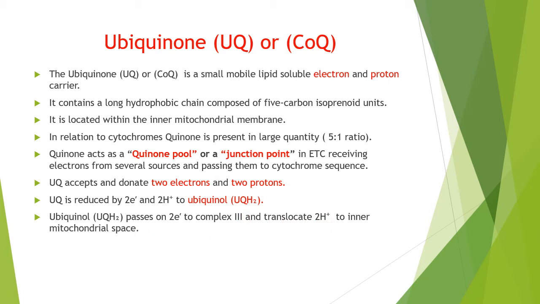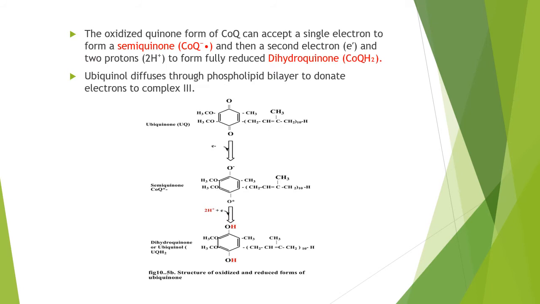So let us see more details about this ubiquinone. The oxidized quinone form of coenzyme Q, which is ubiquinone, can accept a single electron. Once it accepts a single electron, it forms a semiquinone.